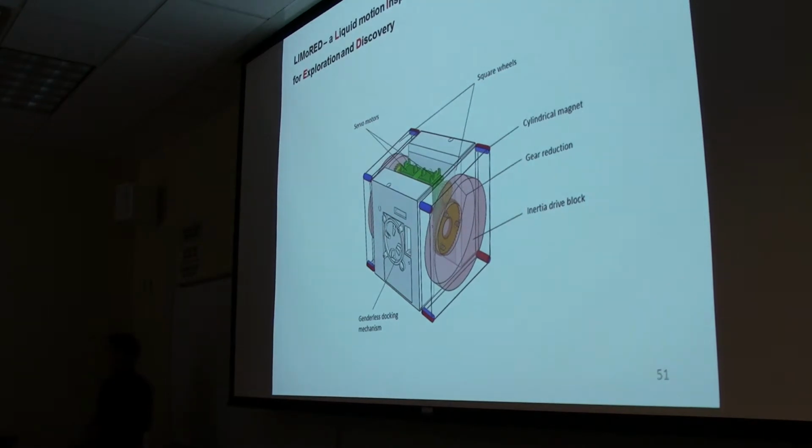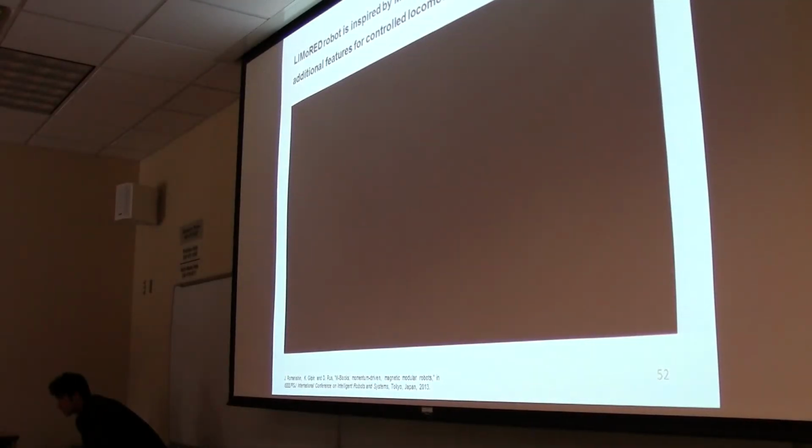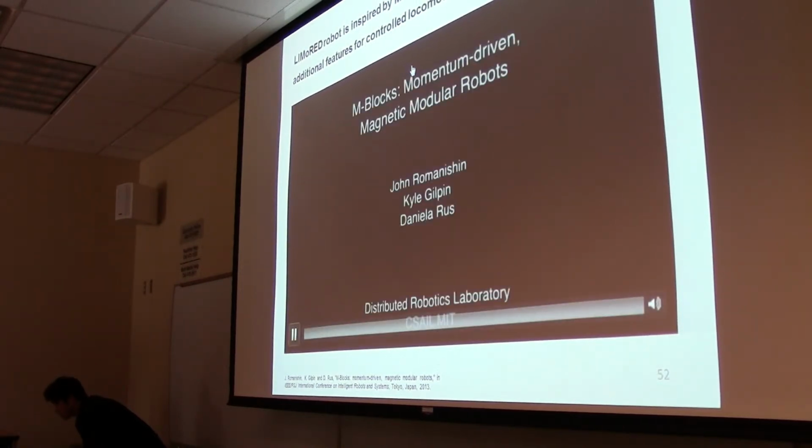Now for this, we propose a design of a robot which has two square-shaped wheels and two connector mechanisms, plus an inertia drive block. If you see this picture, this is work done at MIT on a modular robot called M-Blocks.